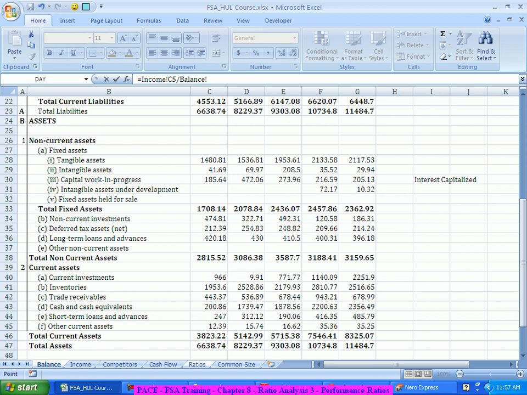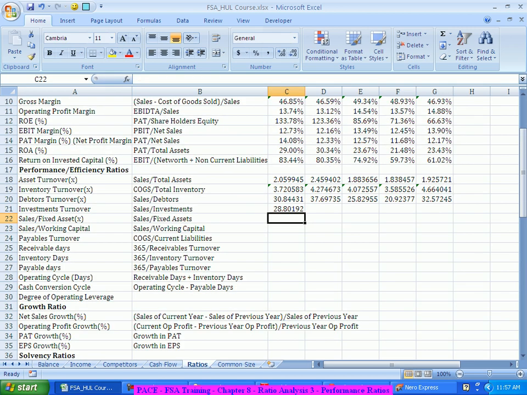So there are non-current investments. So this is what is my investment. Which means for every 28 rupees of my sale, 1 rupee is invested somewhere else. So 27 rupees is in my core business, 1 rupee is somewhere else in non-core, in some other investments.